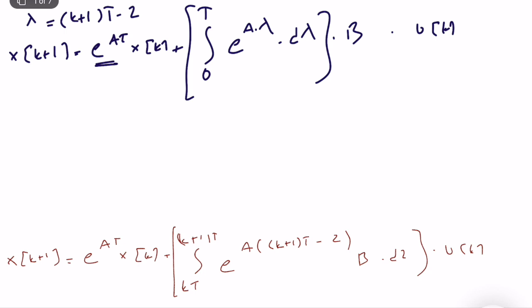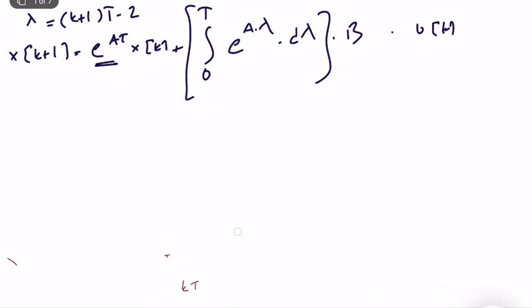If you remember the classical discrete time state space approach, we write it in this form: x of k plus 1 equals G times x of k plus H times u of k.